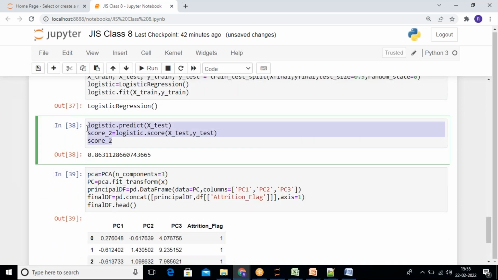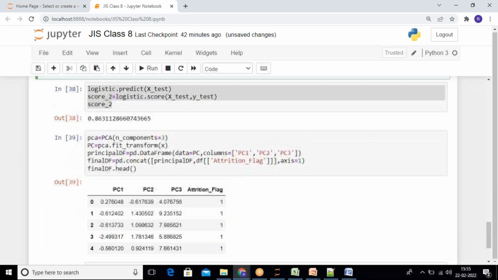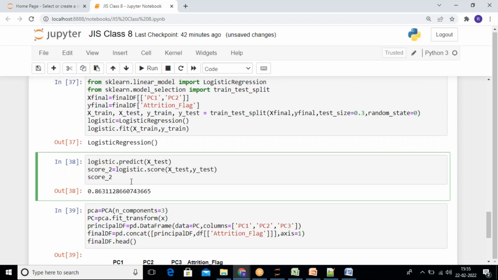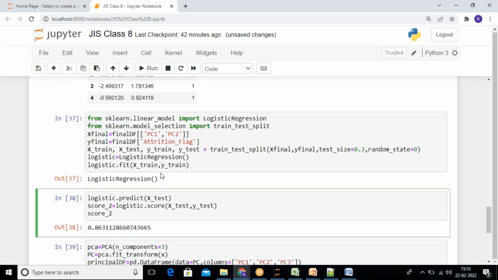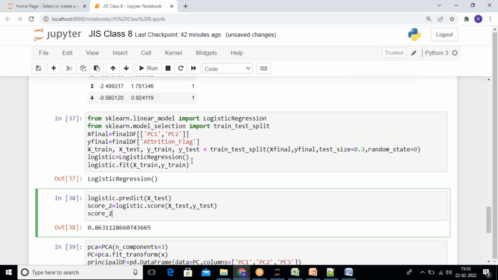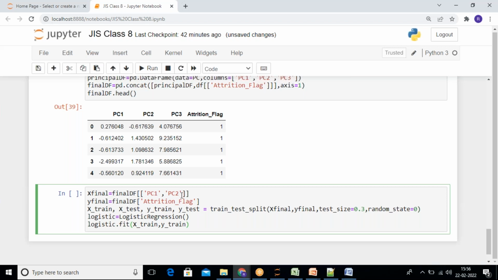Now again, let me create this model. The data set is divided. In the X final you have to take PC3, so I copy this whole code and paste it over here with PC2, PC3.